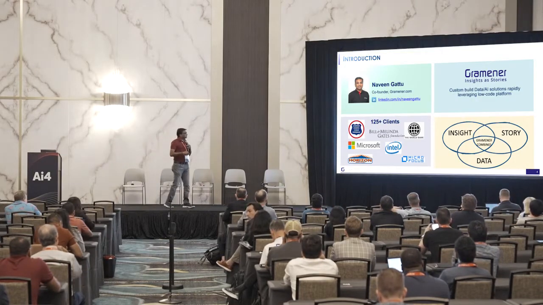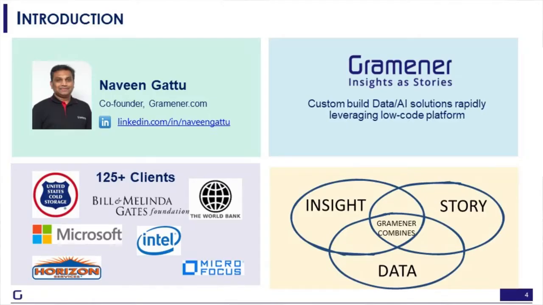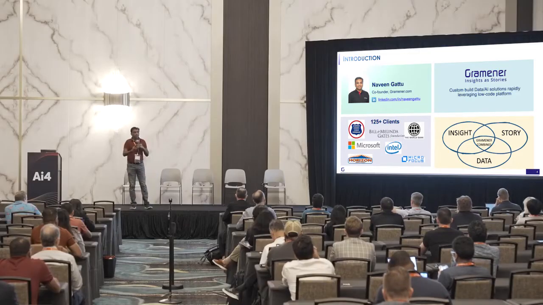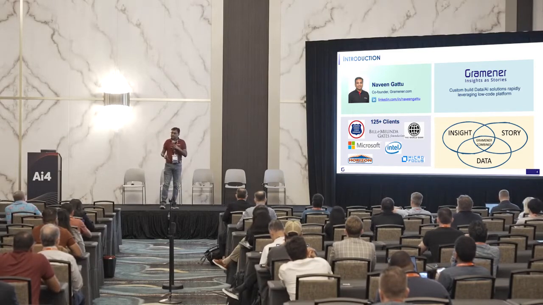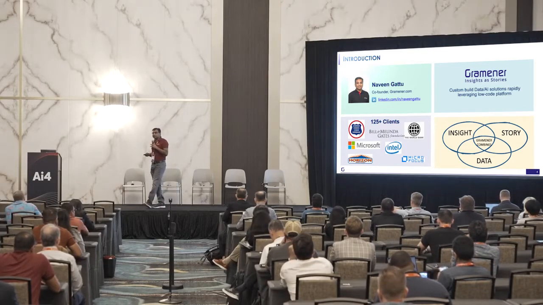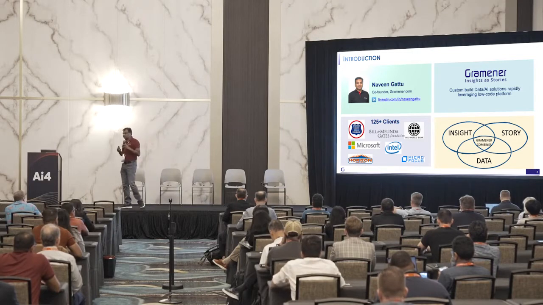Just to introduce myself, Naveen, one of the co-founders of Gramner. At Gramner, we build custom data and AI solutions. Primarily, we are a consulting and solution building organization. The way we build is we developed a low-code application development framework, which we bring as an accelerator to our customers to develop solutions faster. Our vision is insights as data stories.